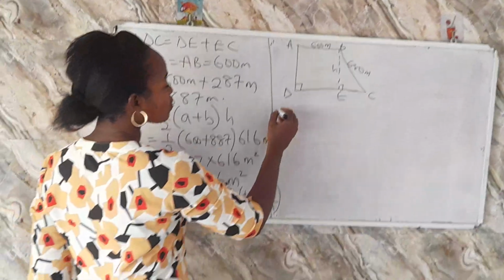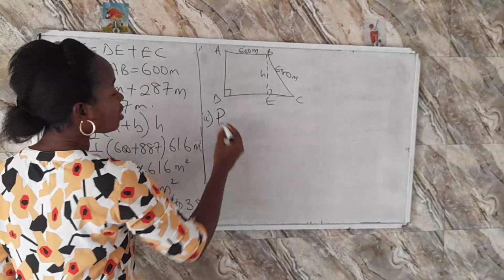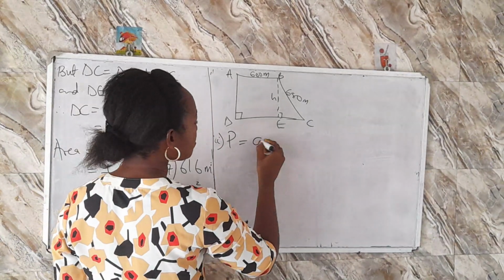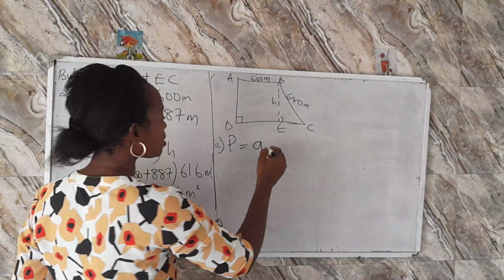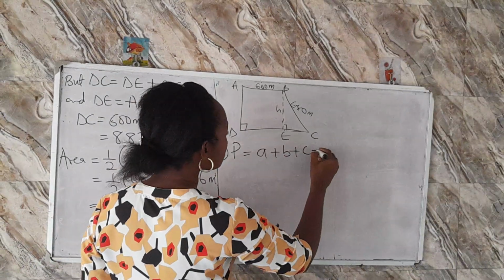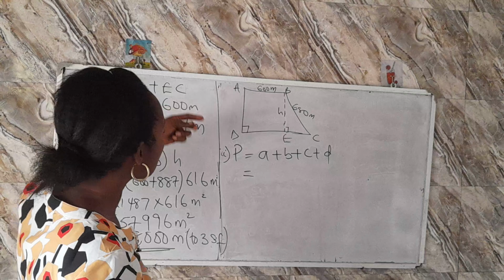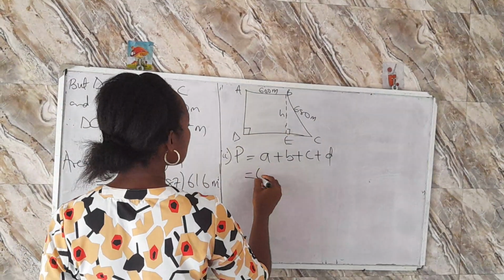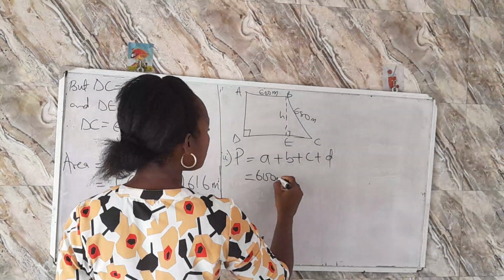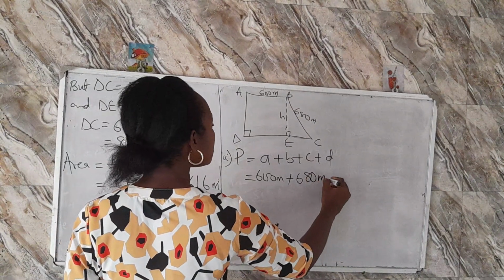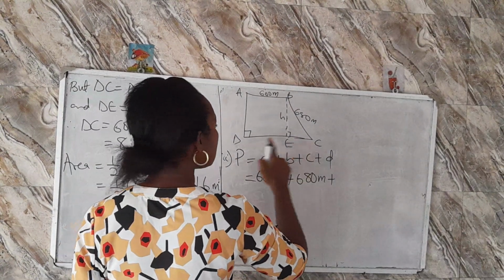The next, we are asked to find the perimeter of the trapezium. Now recall that the perimeter of a trapezium is the sum of all the four sides, A plus B plus C plus D. We have gotten them. We have 600 meters plus 680 meters plus DC.